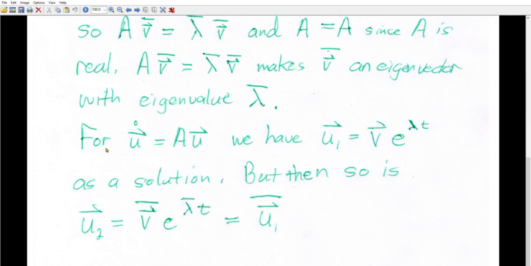For the equation u1 dot equals A u1, we have that u1 is the eigenvector times e to the eigenvalue t, and that's a solution. But then according to what we just did, so is u2, which is the conjugate of v, which is also an eigenvector, with eigenvalue lambda conjugate, and that is exactly u1 conjugate.